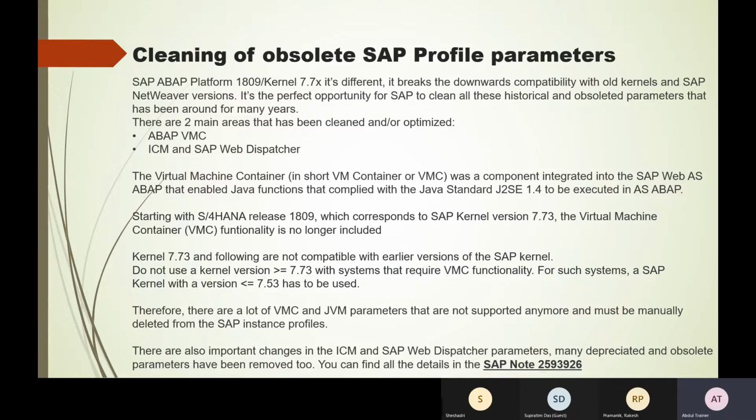In 7.7, we have many changes in terms of profile parameters. There are 2 main areas that have been cleaned or optimized: the ABAP VMC, and the ICM and the web dispatchers. VMC is nothing but a virtual machine container. It is a component of the SAP AS ABAP.